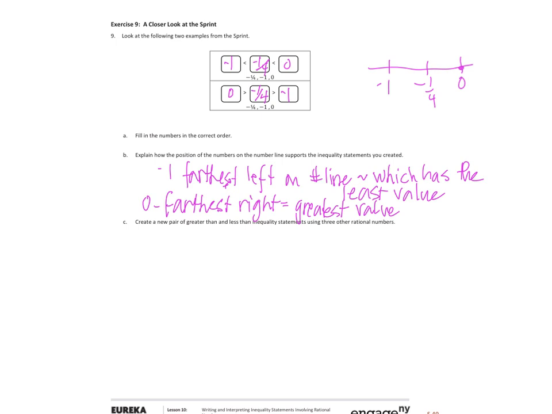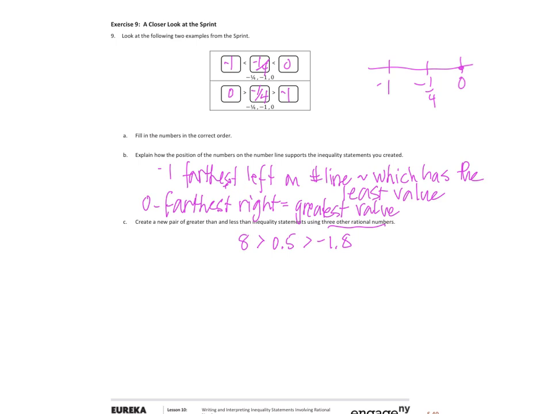Create a new pair of greater than and less than inequality statements using 3 other rational numbers. So I could go to my sprint and grab any numbers off there. I can just write down 8 is greater than 5/10, which is greater than, let's throw in a negative number, -1 and 8/10.